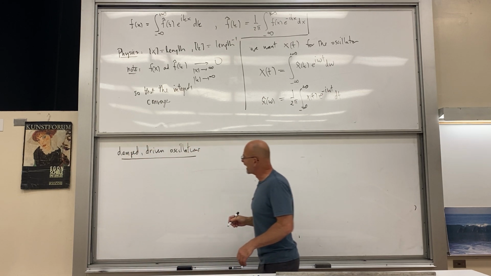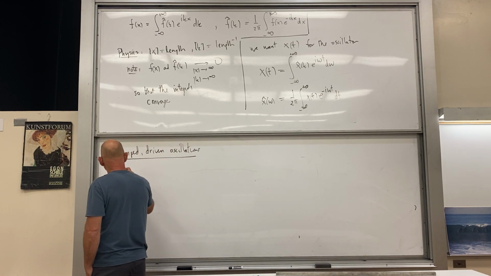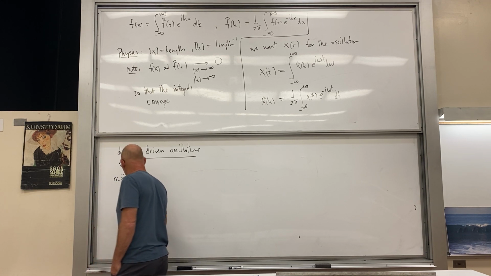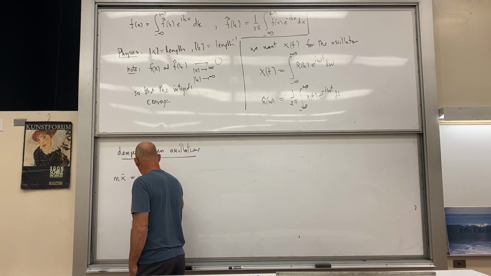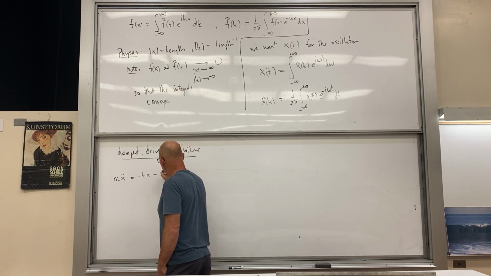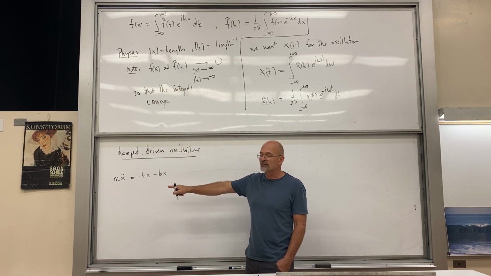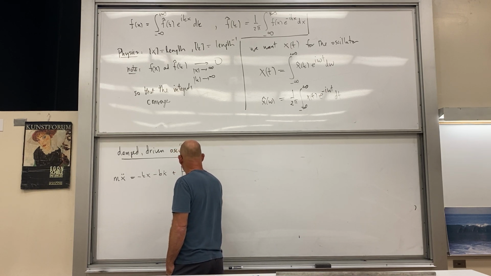It's been a while since we did that, but we spent a lot of time there. Remember, in fact, let's be thorough. We had Newton's law, first of all. Newton's law with minus kx, that was the restoring force, and then minus b times x dot, that was the velocity dependent friction force, and then we could have a driving force f of t as well.